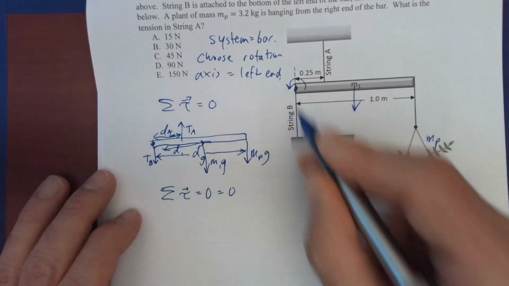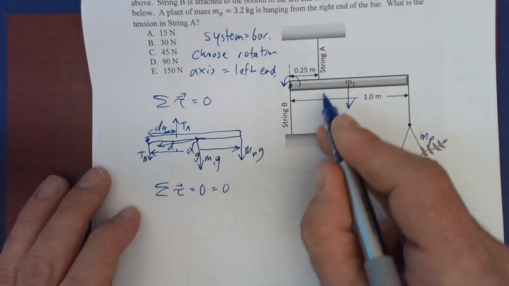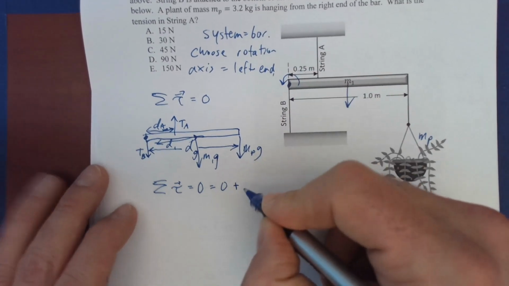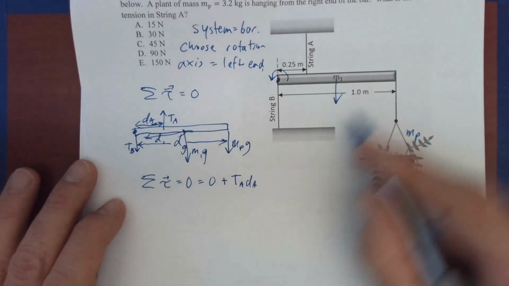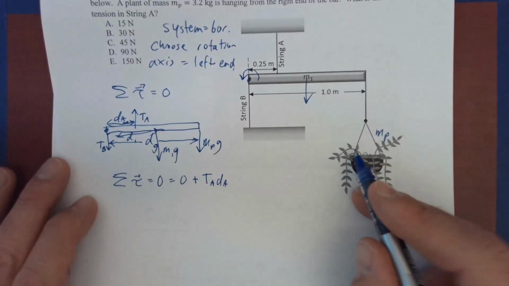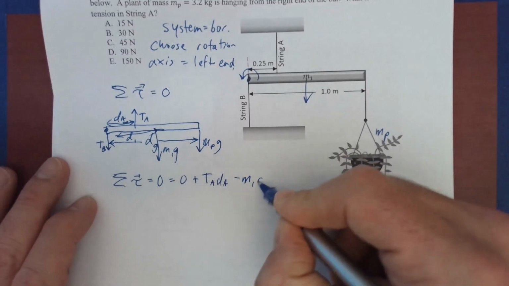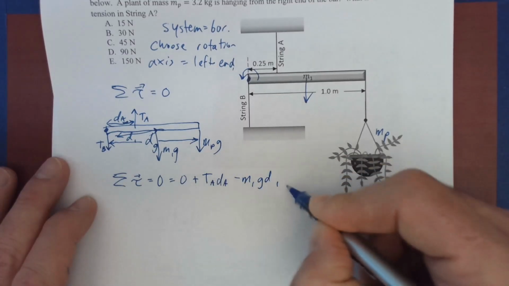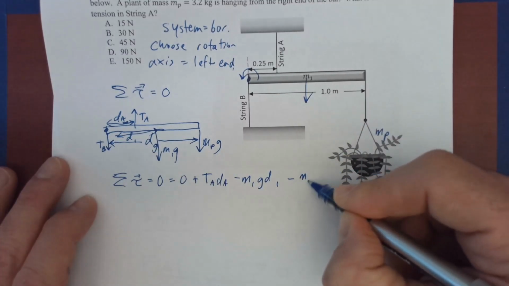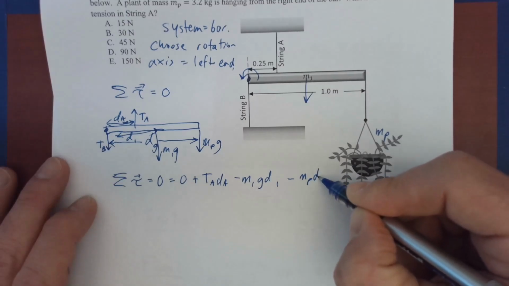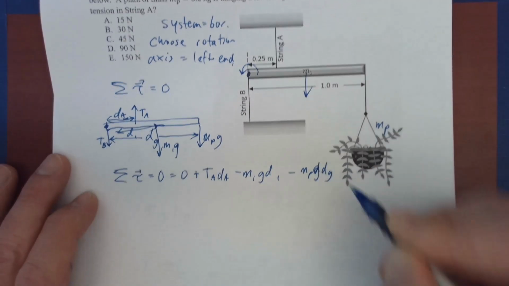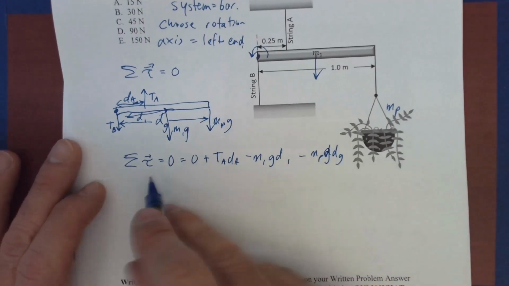It's going to be 0 from that left end, and then it's going to be a positive plus TA times dA. And then these are both going to be clockwise torques, so they'll be negative. So minus M1 times G times D1, and then minus mass of the plant times G times dG. Okay, and I can rearrange that.